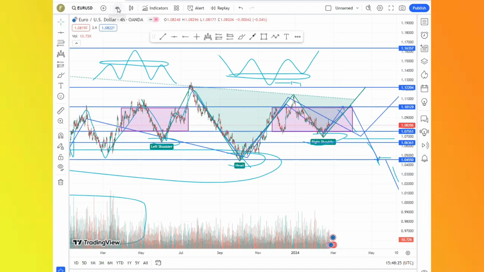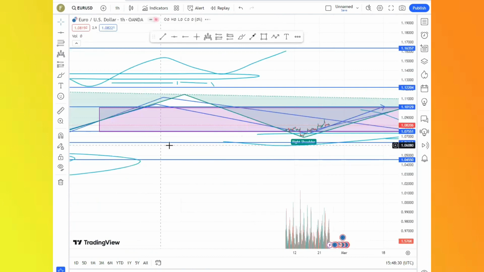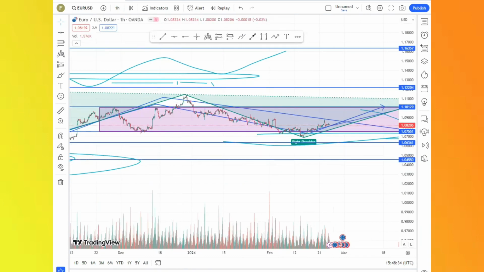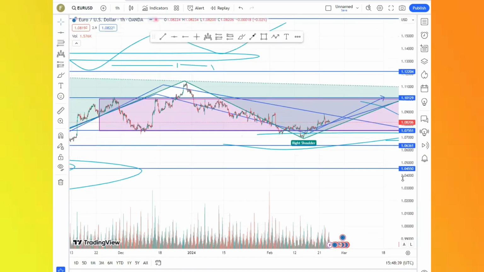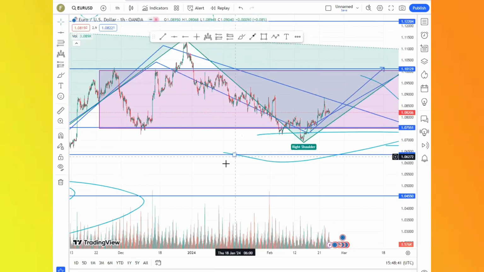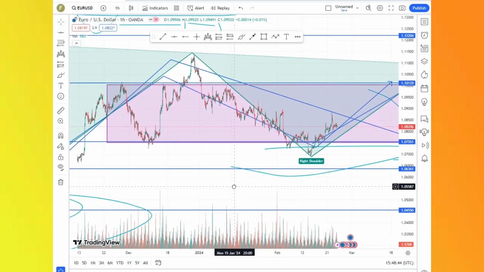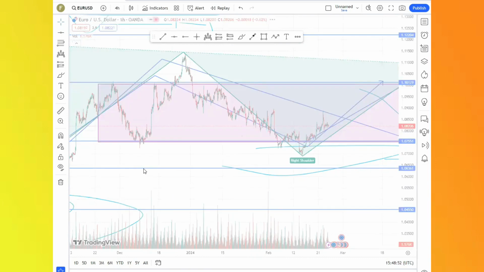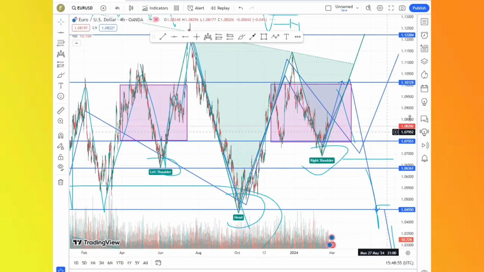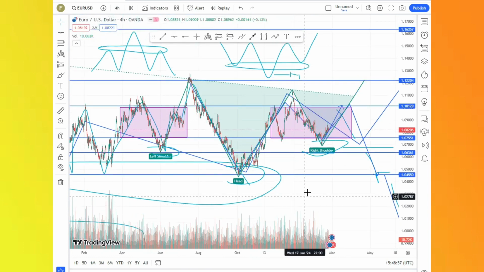Okay, so let's go to the 1 hour time frame. On a 1 hour time frame, it's quite broad because we do not see the head and shoulder which we are analyzing, but however we will be looking for our entry point on this inverse head and shoulder.